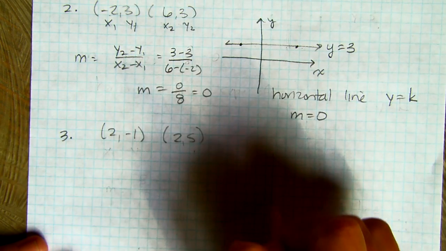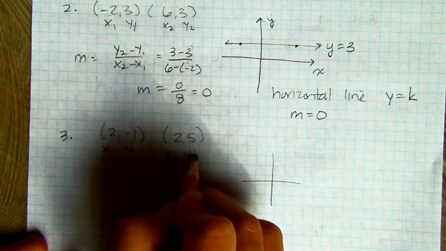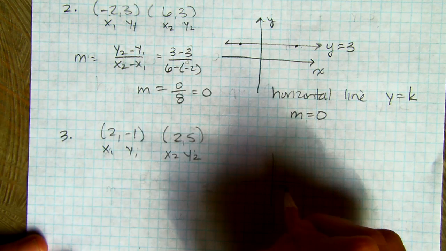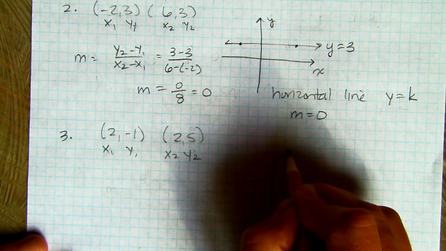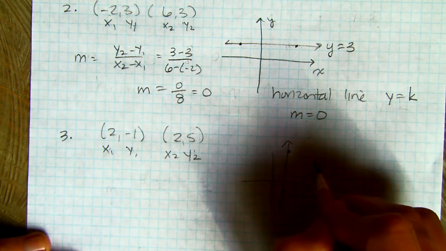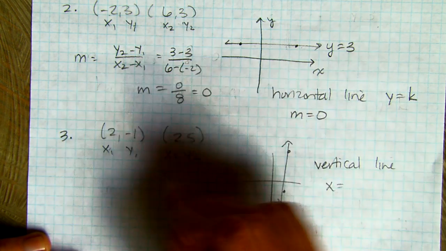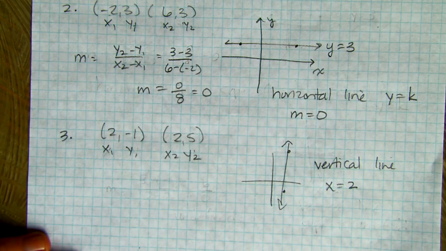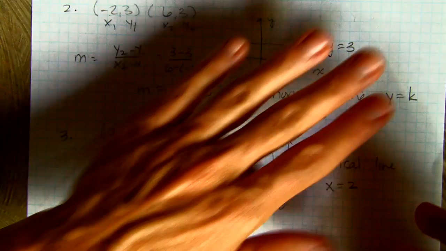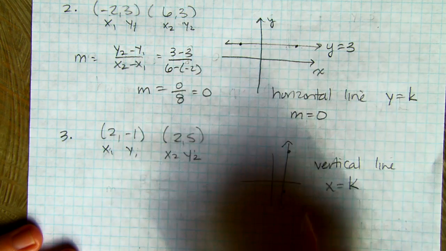What's going on here? Well, now what value isn't changing? The x value isn't changing. So I have (2, -1), and I have (2, 5), and I get a vertical line, and x is some constant.